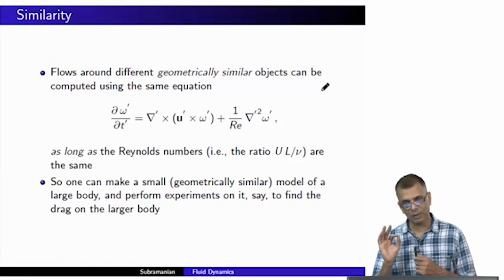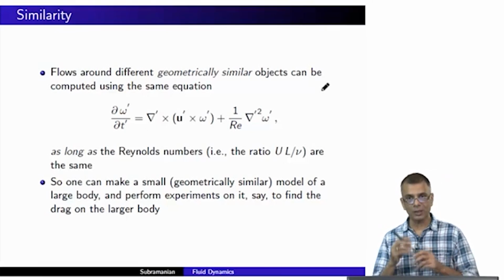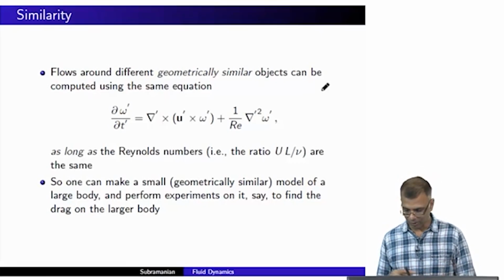Okay, so I want you to think about this carefully, and this is at the heart of this concept called dynamic similarity. And one instance why one would want to perform such an experiment is to, for instance, find out the drag. I want to minimize the drag, obviously, to maximize the fuel efficiency or many other things, right?